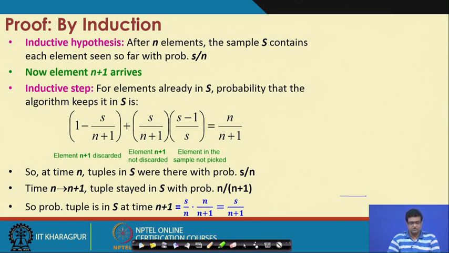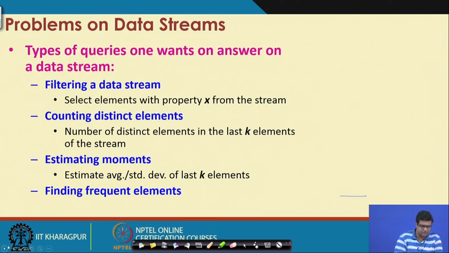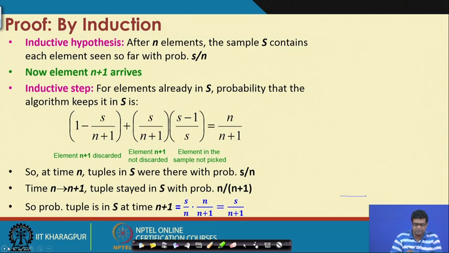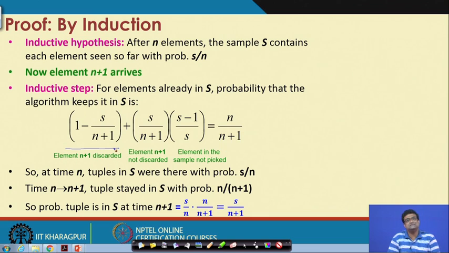First, let us see the current element. With probability 1 minus s by n plus 1, the current element is discarded.